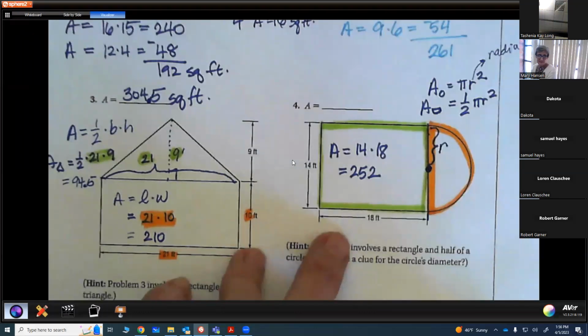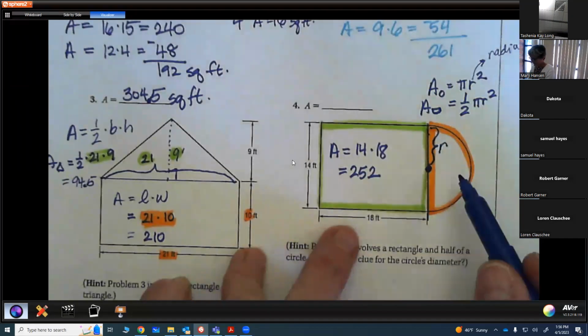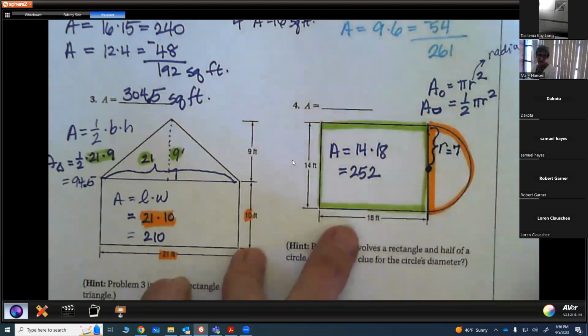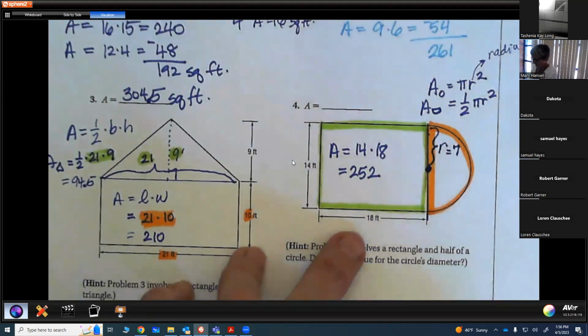To me, it looks like if the half circle is even with the actual rectangle, it's 14 feet from one end to the other. So half would be 7. I got 2 good answers of 7 from Paige and another good answer of 7 from you. So that radius is 7.